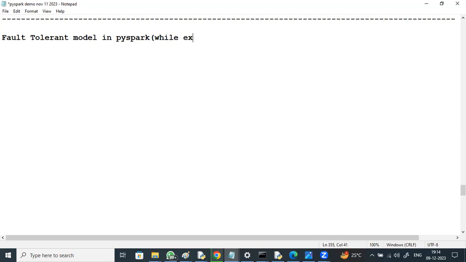While executing the RDDs, observe case 1, when the current RDD is down. Just observe this diagram once.